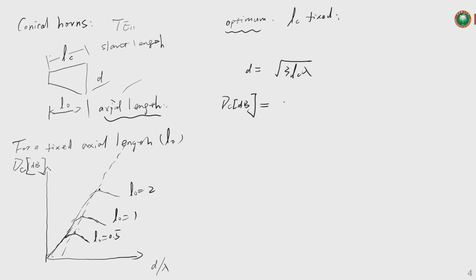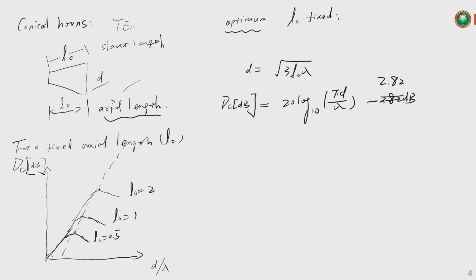It equals 20 log10 of pi d over lambda minus 2.82. This is for the optimal conical horn's expression.